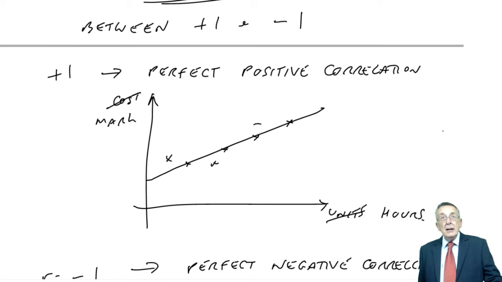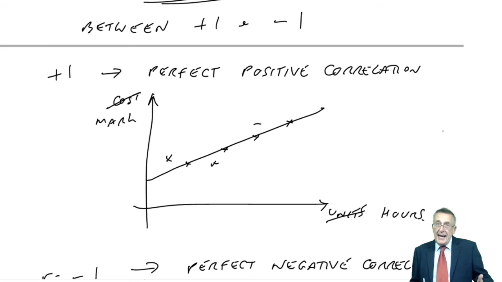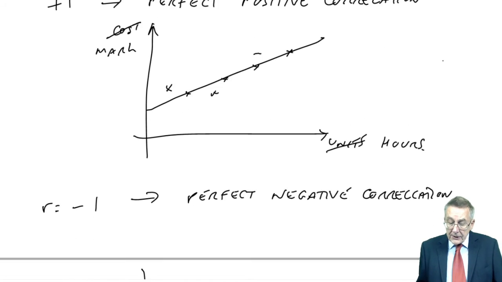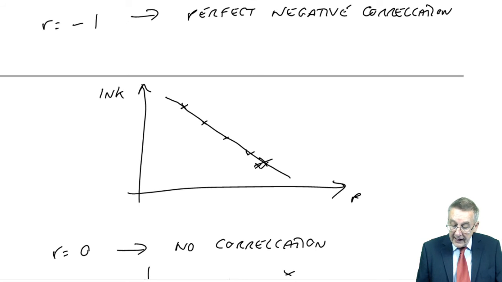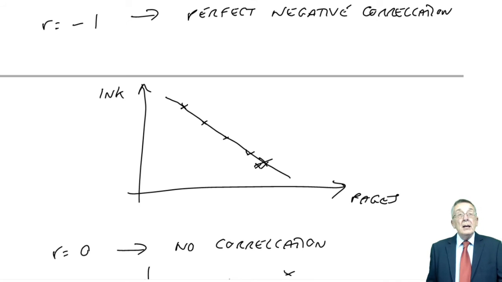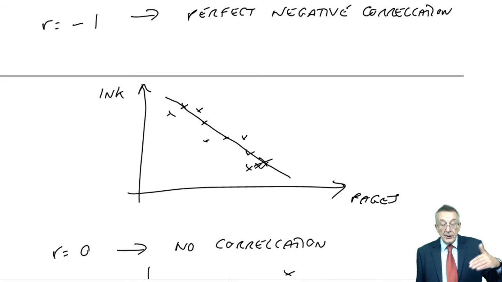Well, surely the more you print, the less ink you'll have left. And so I would expect it to be negative correlation, the amount of ink against the number of pages. Again, I wouldn't claim it's perfectly linear, but you would expect the correlation to be negative.